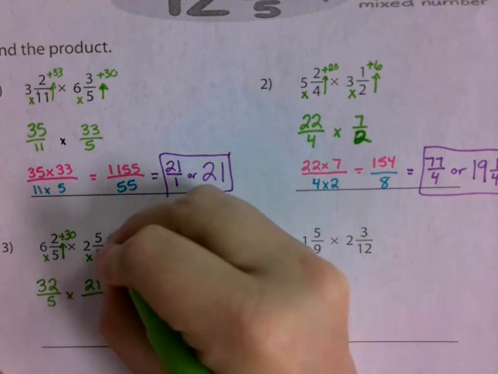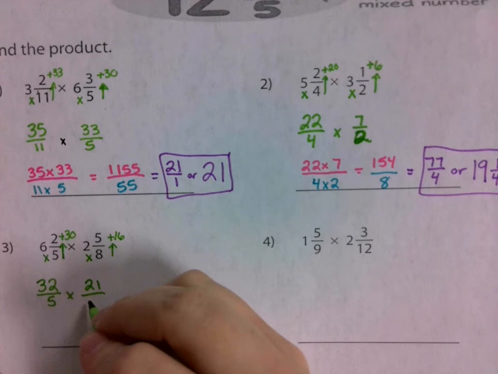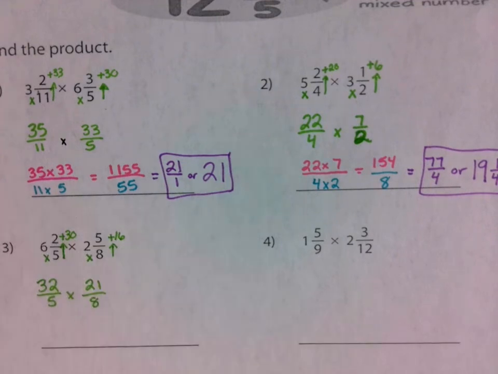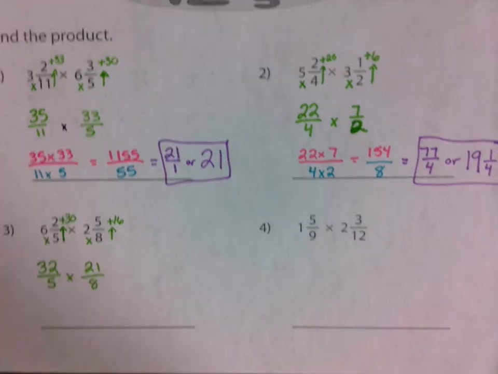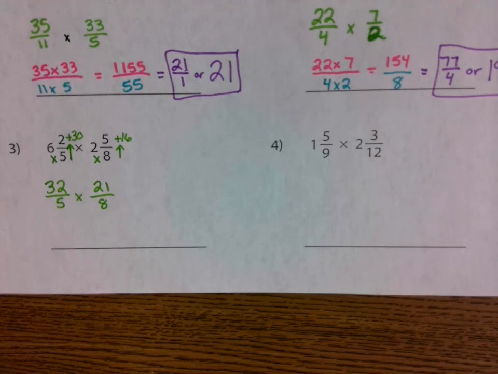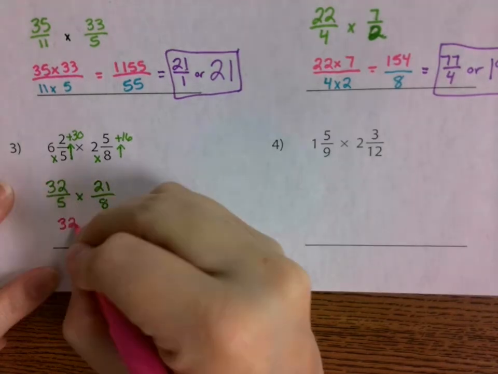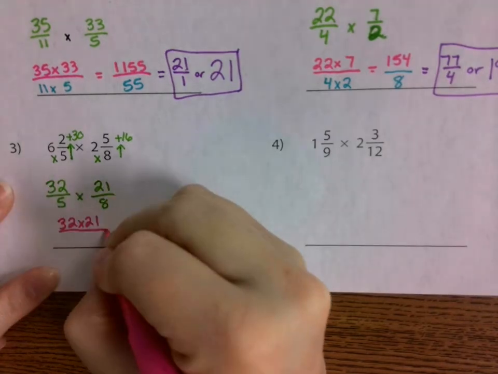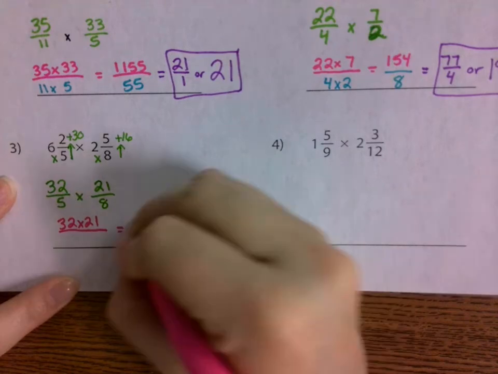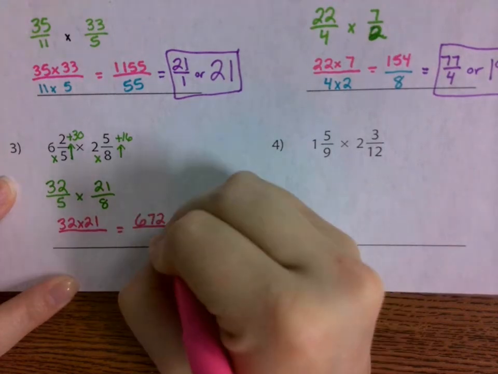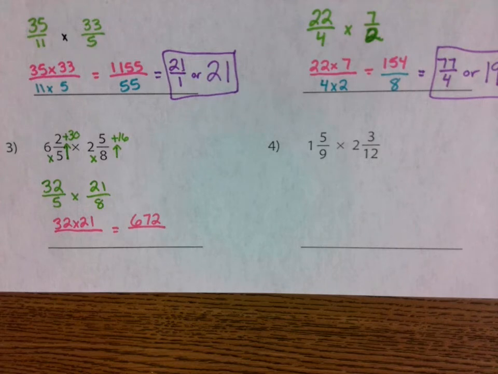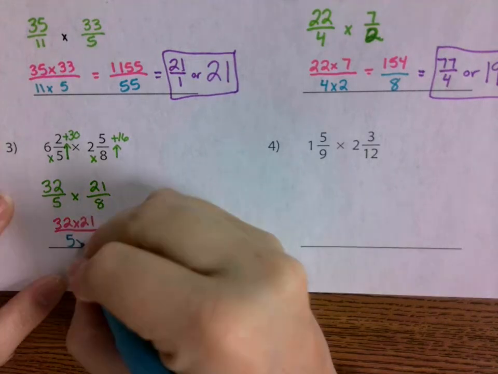Okay, so now multiplying those fractions, we're just going to multiply 32 times 21, and 32 times 21 comes out to 672. Then we're going to multiply the 5 times the 8, and 5 times 8 is going to become 40. And then we simplify it.